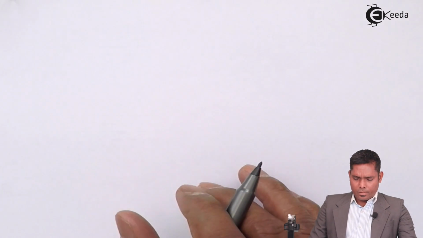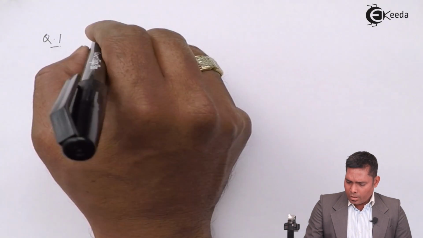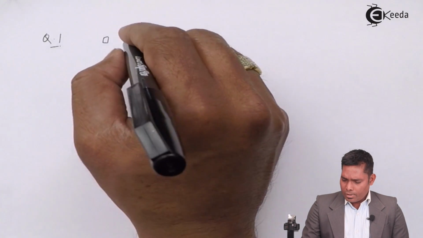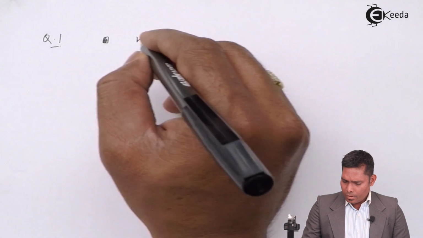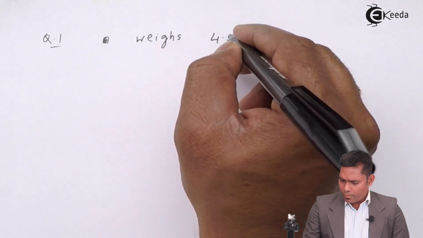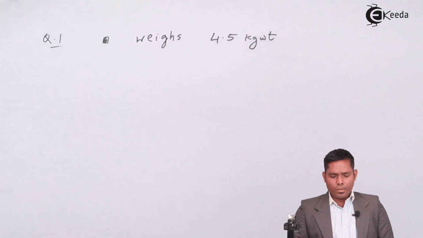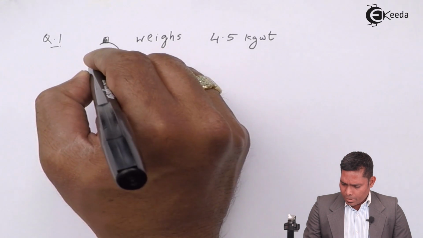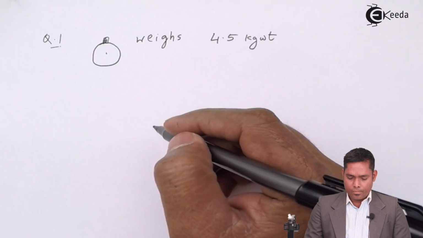First numerical, I'll just explain the question to you. There is a body, it weighs 4.5 kg weight on the surface of the earth. So when this is placed on the surface of the planet, its weight is this one.